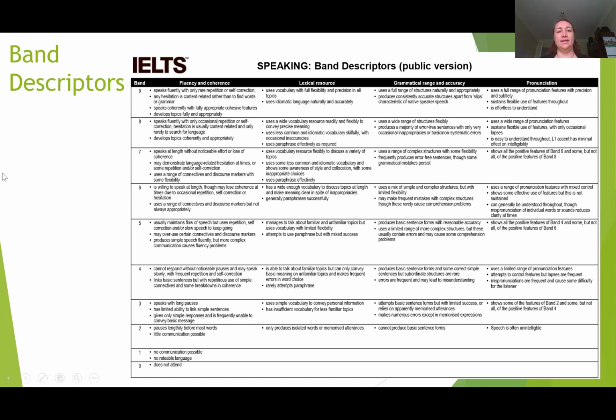In order to do that, let's have a look at what is required. So we can see the band here is 6, and over here we see the 1, 2, 3, 4 things that they actually require. What they are going to be assessing you in is fluency and coherence. Fluency and coherence, let's have a look, is willing to speak at length.